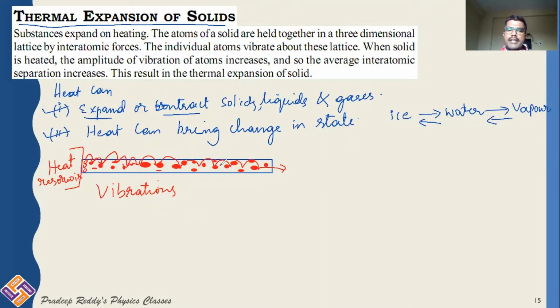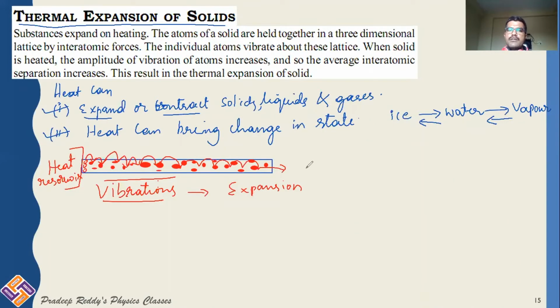Because heat is being transferred throughout the solid, and heat is absorbed by all the atoms and they are undergoing vibrations, because of these vibrations expansion takes place in the solid.